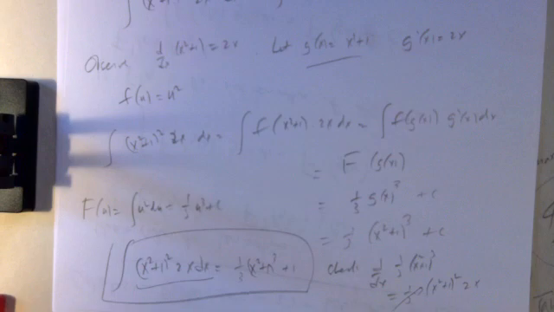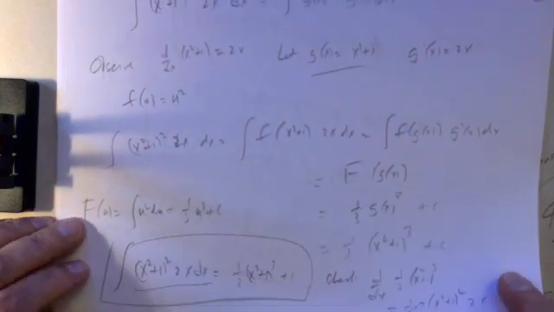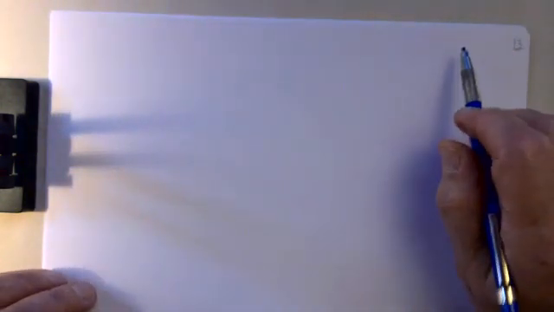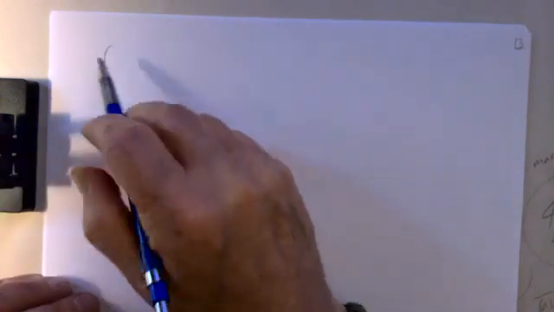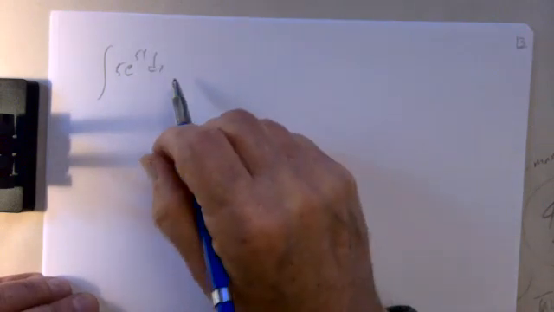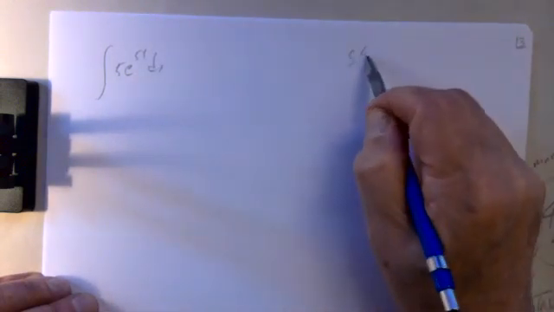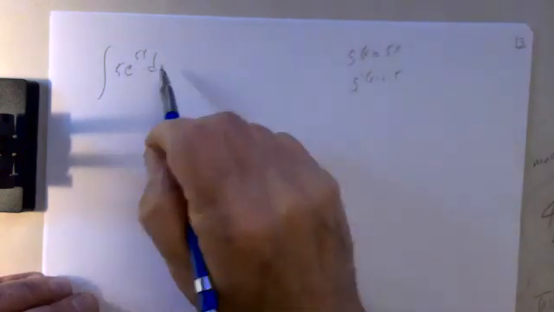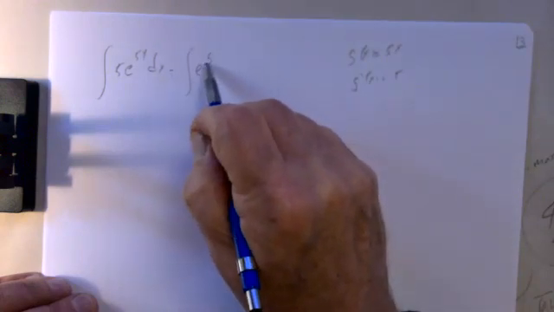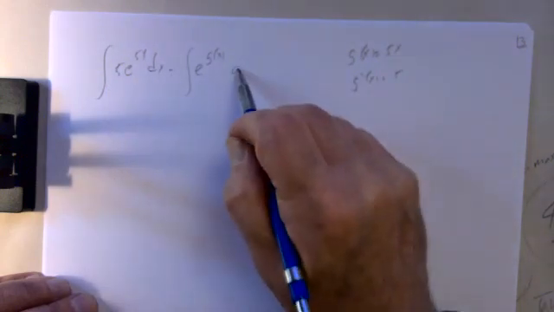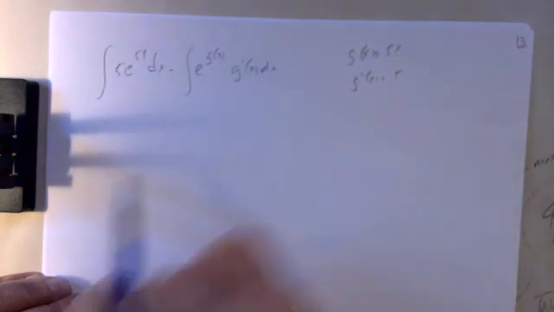So learning how to integrate functions by hand is an art form. It's not like differentiation where there are certain set rules. Here you have to use your imagination a little bit. So suppose we have the integral of 5e to the 5x dx. If I think of g of x as being equal to 5x, so g prime of x is 5, this is the integral of e to the g of x, which is 5x, times 5, g prime of x dx.